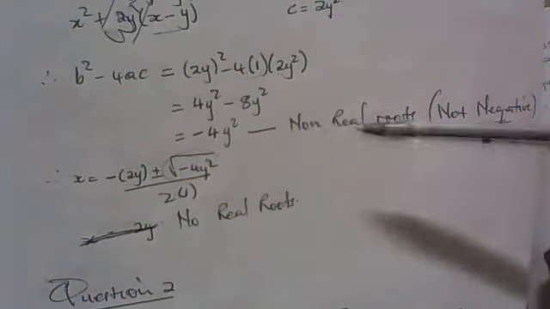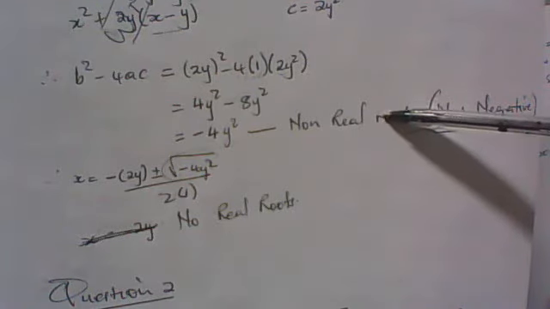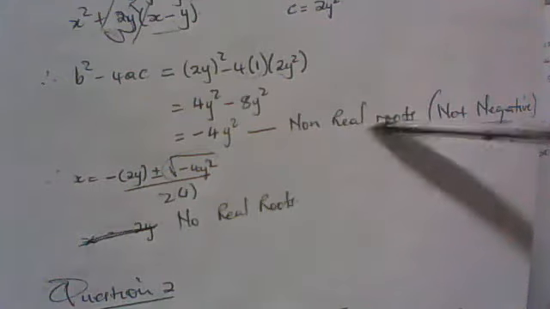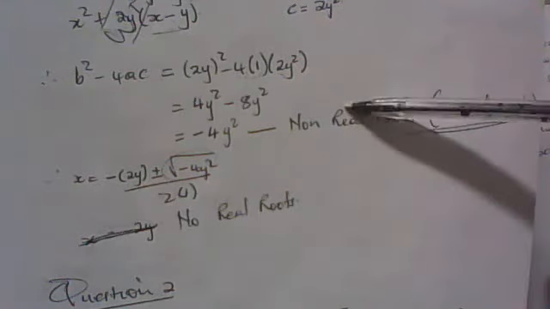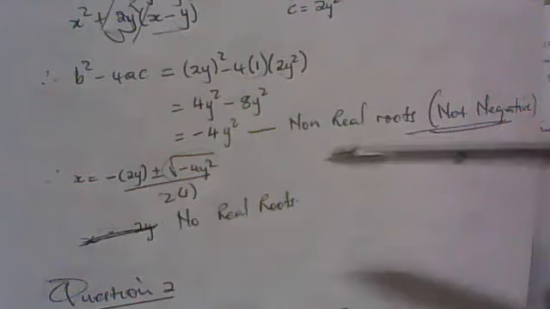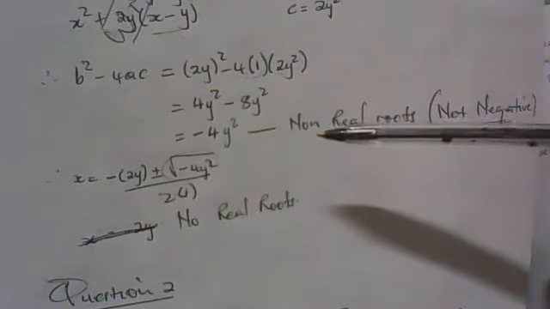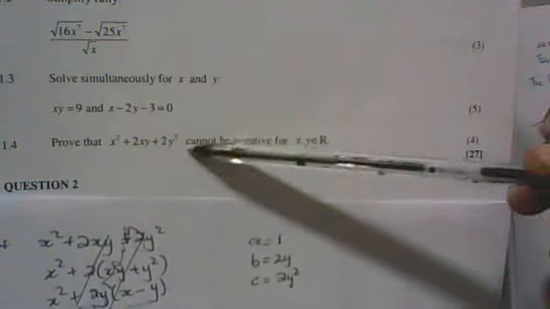So that means we will get non-real roots. What does that tell you? If you get non-real roots, that means there will be no roots. That is why the question says it cannot be negative. Prove that this cannot be negative.